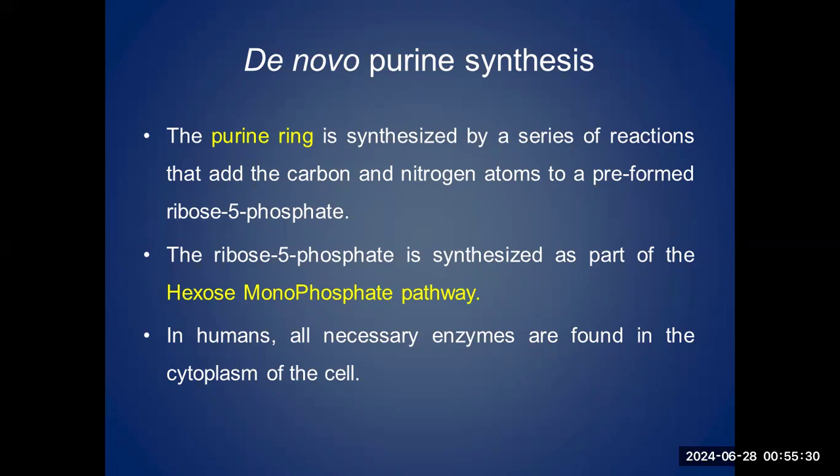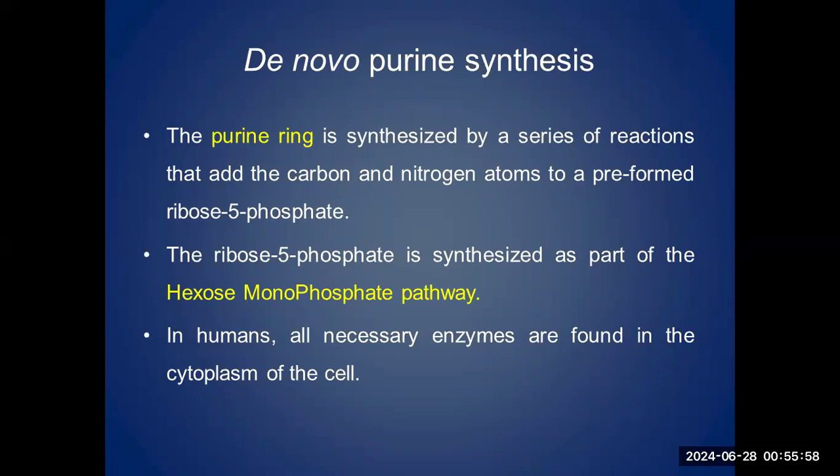Recall, the ribose 5-phosphate is synthesized as part of the HMP shunt pathway, that is hexose monophosphate shunt or pathway. Recall that HMP shunt is a bypass reaction of the glycolytic pathway.